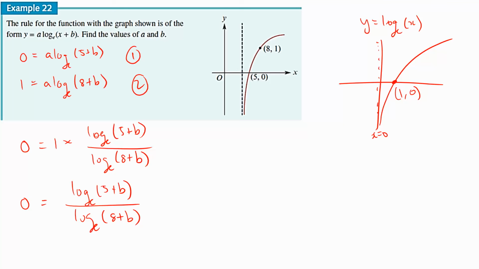What are we going to do? You have 2 logs like that. What do we do? Tina?